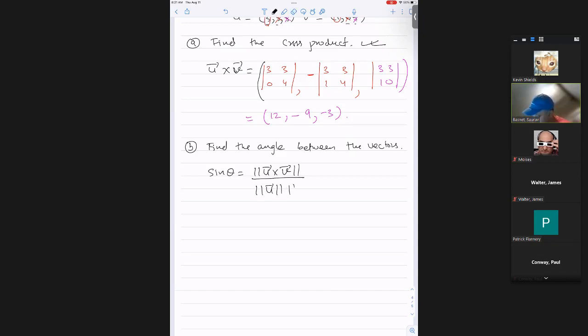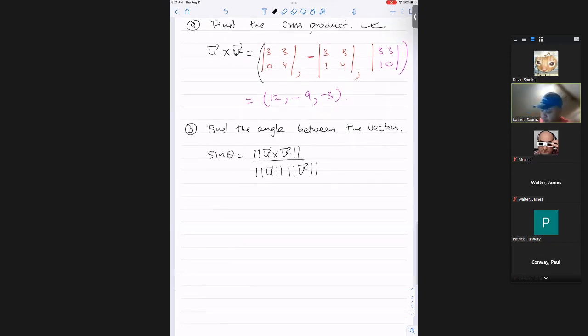times norm of v. So whenever you're trying to find a norm or absolute value, right, magnitude, you're trying to find magnitude.